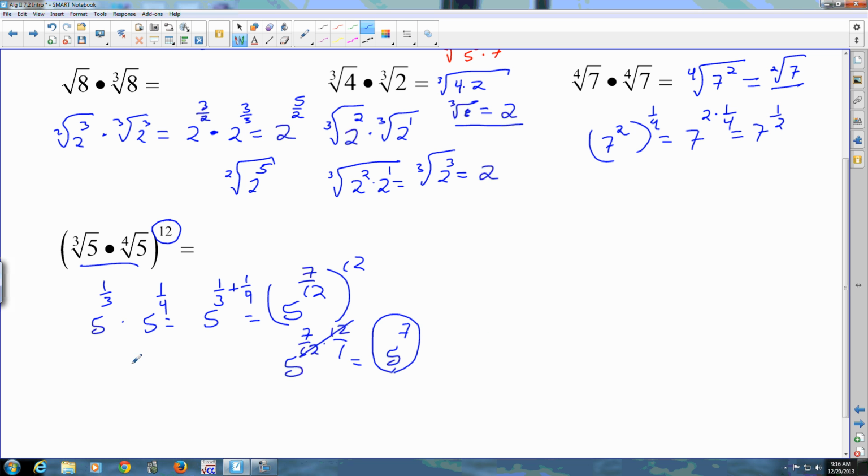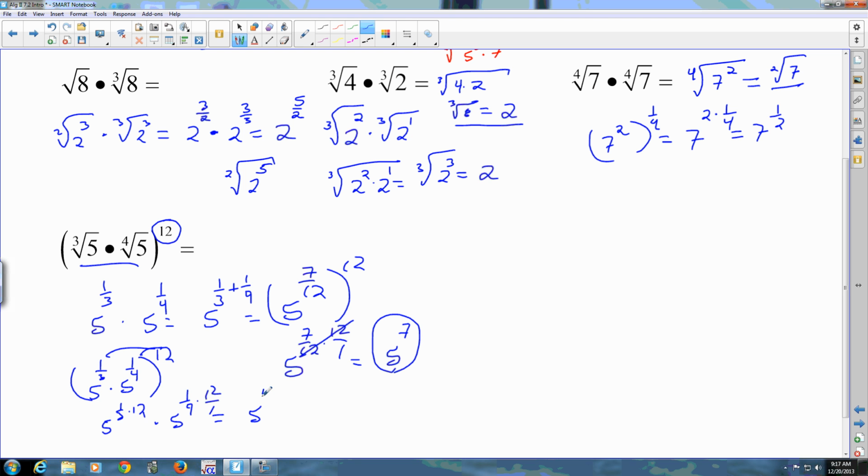You could have, if you wanted to, at this stage here, sorry to always be giving you options, you could distribute the exponent in right now. And so that would be 5 to the 1/3 times 12 times 5 to the 1/4 times 12. 1/3 of 12 is 4.